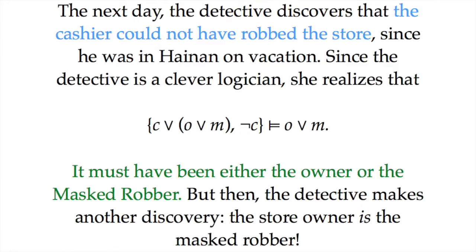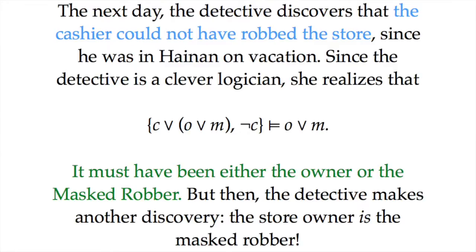The first big complicated statement is just the statement from the previous slide. The cashier robbed the store, or else either the owner robbed the store or the masked robber robbed the store. And the second statement says what we just discovered, namely, the cashier did not rob the store.